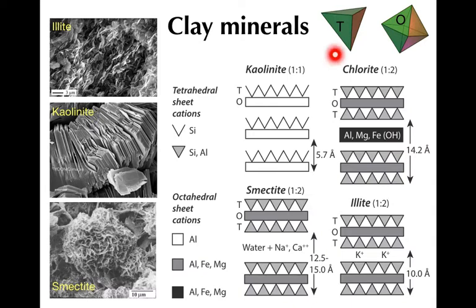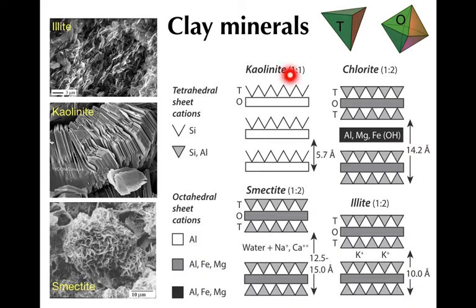A tetrahedral layer, basically silica or alumina tetrahedra, and then an octahedral layer consisting of aluminum hydroxide. The tetrahedral and octahedral layers are symbolized by T and O in the diagrams for each of these types of clays. So these layers, tetrahedral and octahedral, are stacked differently in different types of clay mineral.